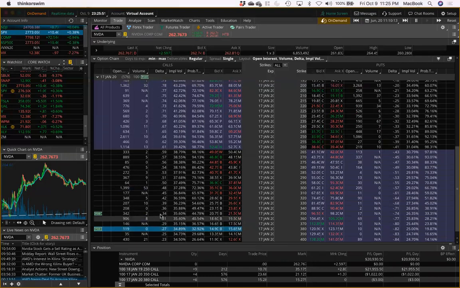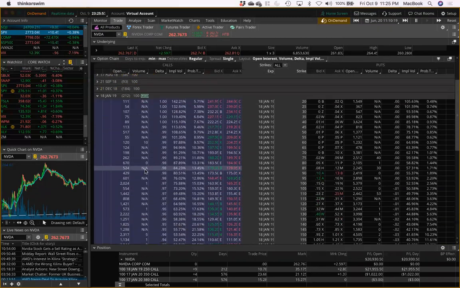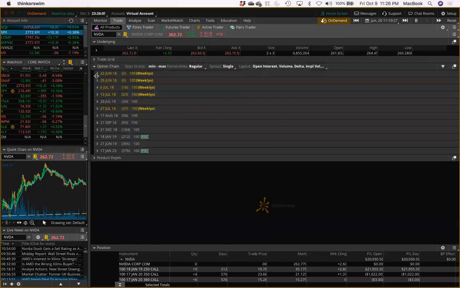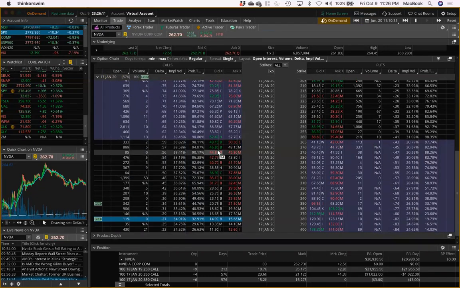So look, we technically got 4 positions right now, right? We have the one in January. Look at this price now, 35.45. And then we have the one from December, from the January 2020 expiration.